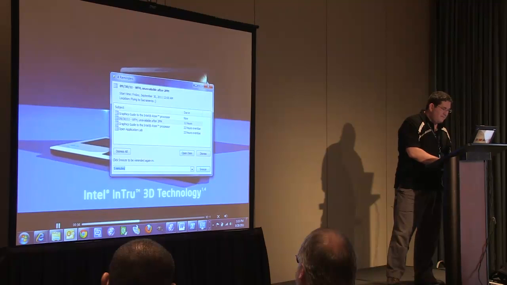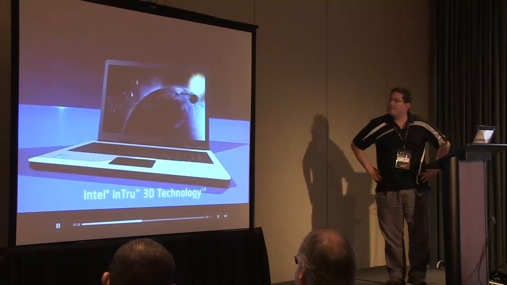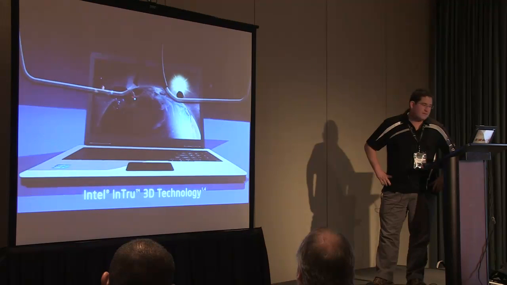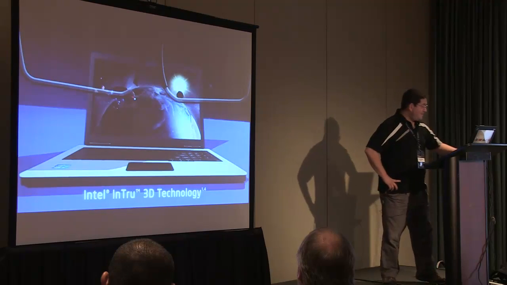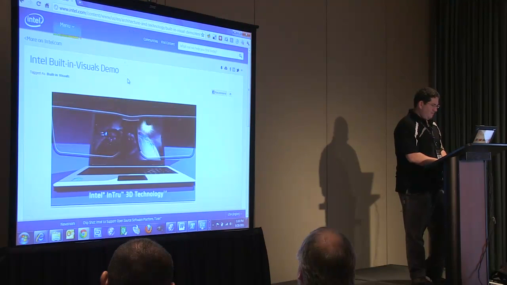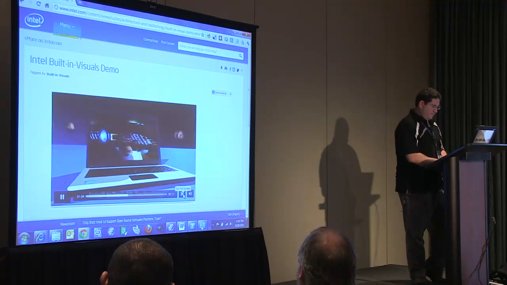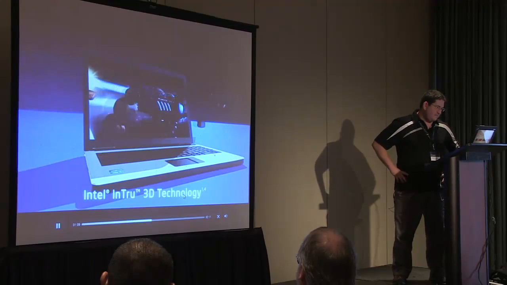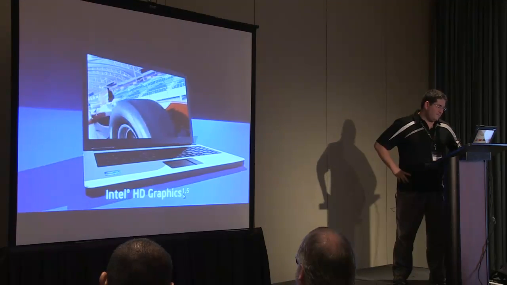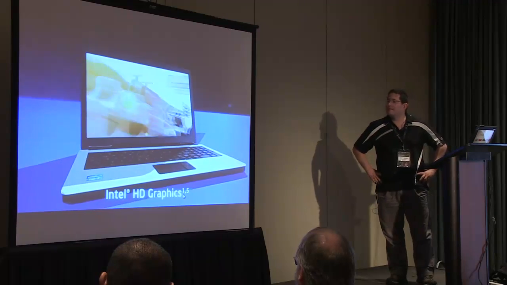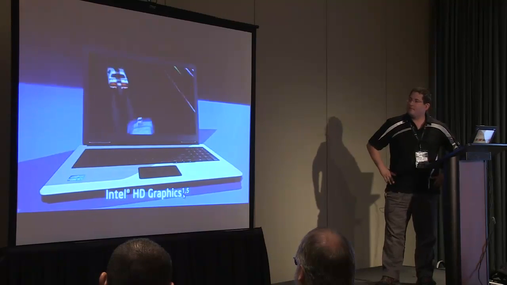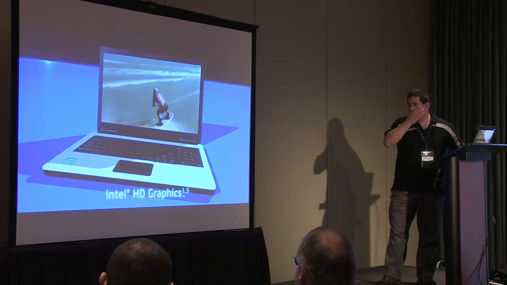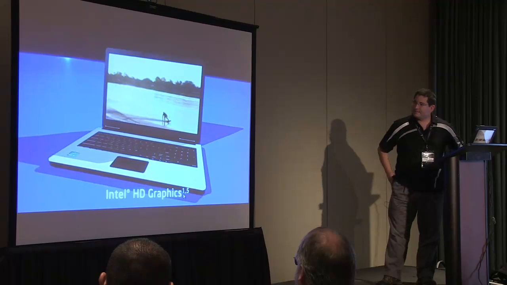Intel InTru 3D technology enables you to play the latest Blu-ray stereo 3D movies right from your PC. Just use HDMI to hook your PC to your 3D-enabled TV and put on your active shutter 3D glasses. Intel HD Graphics is now built into the processor. This high-performance feature means lower latencies and enables superior mainstream gaming and enhanced 3D experiences without the need to add a discrete graphics card.